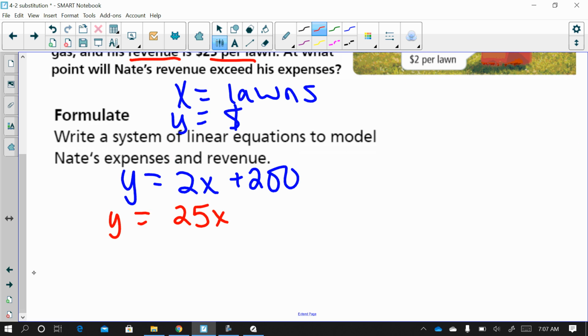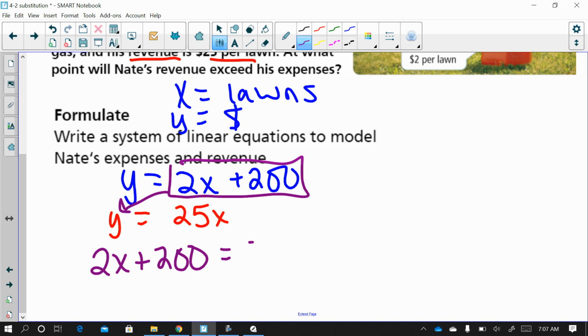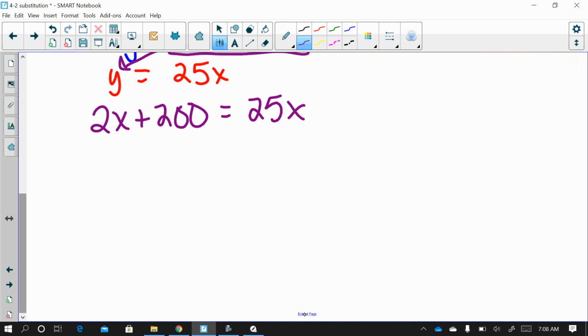Now, I'm going to use substitution to solve. This is a slightly different version of substitution than we've seen before, because both of them are y equals. Well, since this equals y, I'm just going to take that and stuff it into the y here. So 2x plus 200 is equal to 25x. Okay? So we know how to solve these equations. Let's get all of our x's on one side.